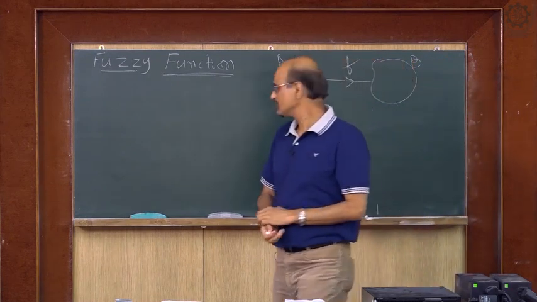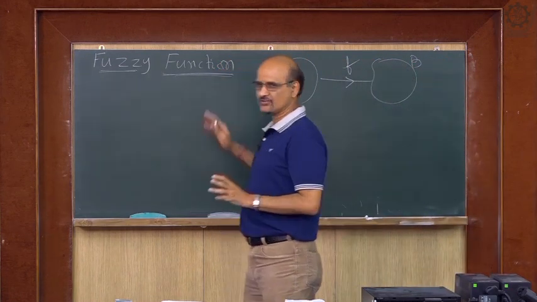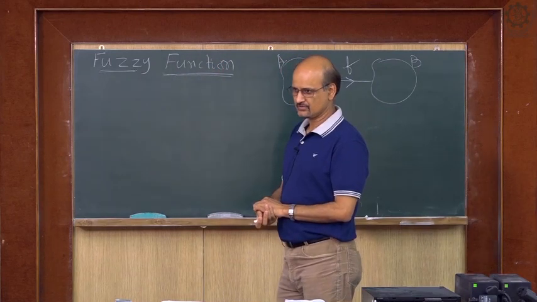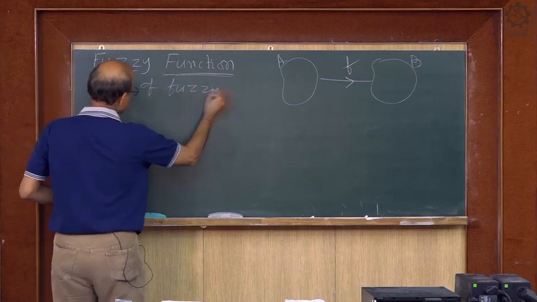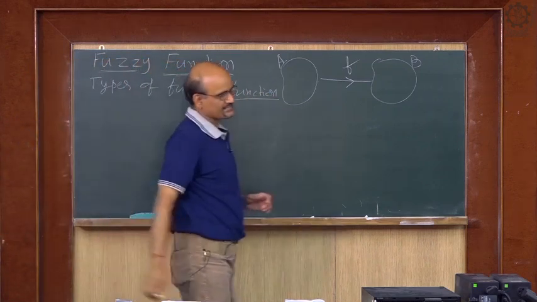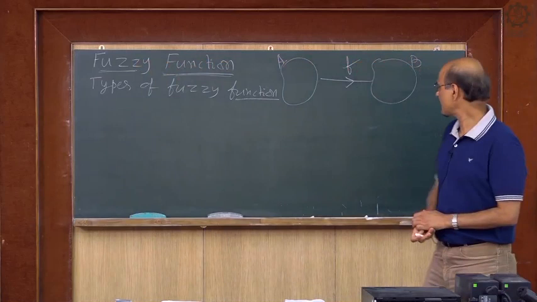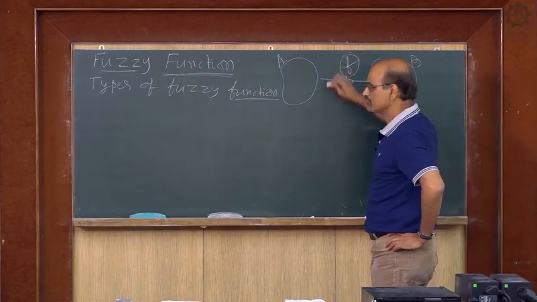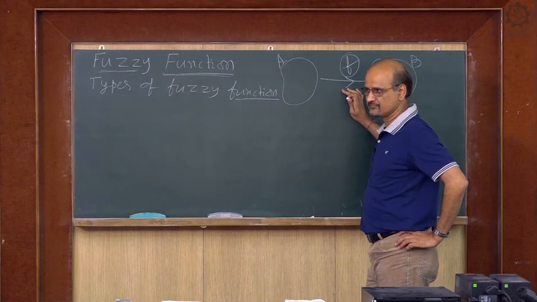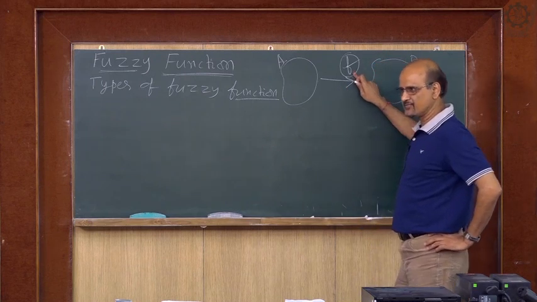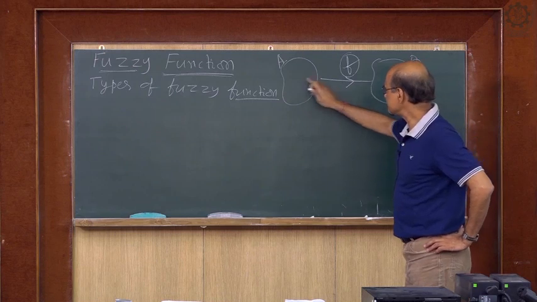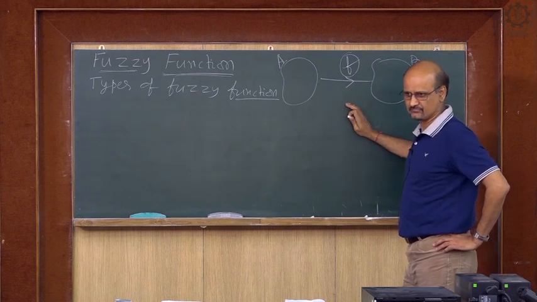So, that means we can have this fuzzy function of three types. So, one is that I can have this F as crisp. Okay. This function F may be crisp and these A and B may be fuzzy.